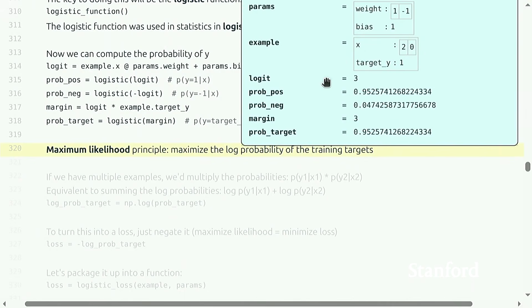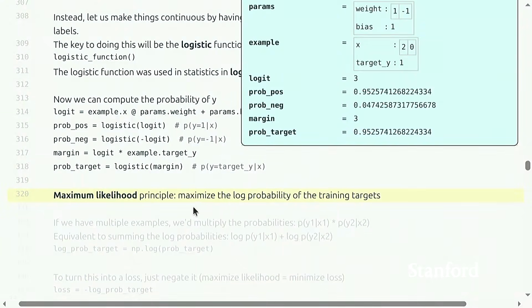So there's a general principle which also comes from statistics, but we'll see it again in other contexts, called the maximum likelihood principle. And it's very intuitive. It says maximize the probability of the training targets. Or more generally, maximize the probability of the data under a probabilistic model.